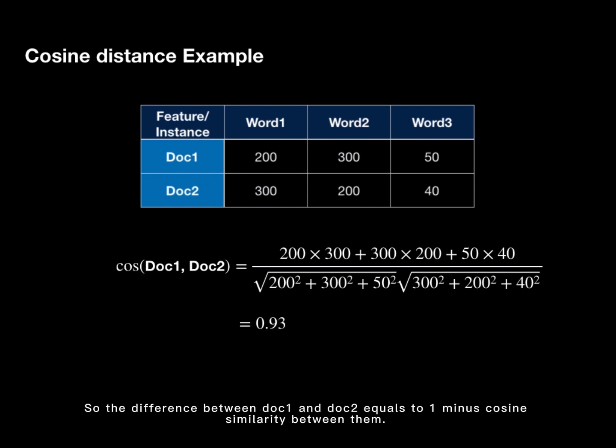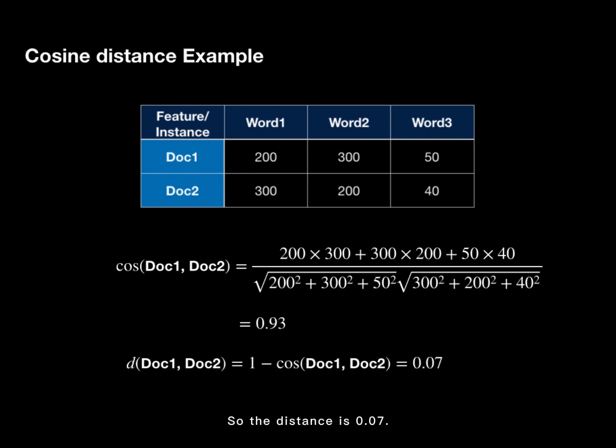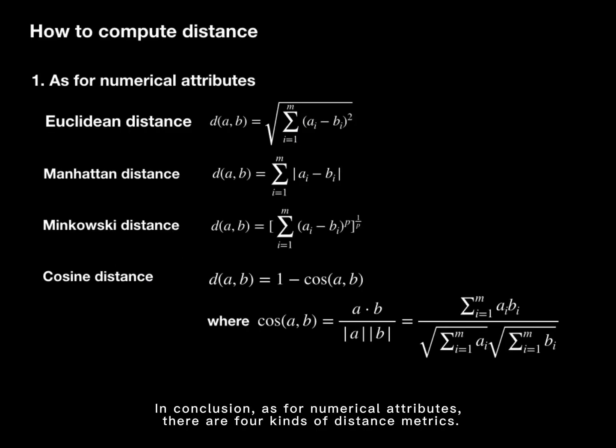And so the distance between dog1 and dog2 equals 1 minus the cosine similarity between them. So the distance is 0.07. In conclusion, as for numerical attributes, there are 4 kinds of distance metrics.